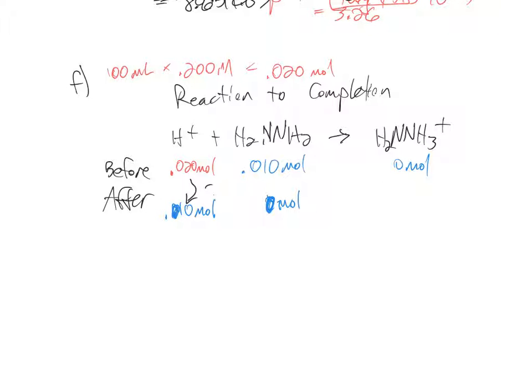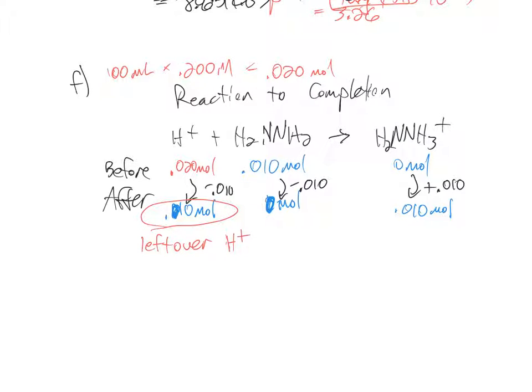And the strong acid is left with 0.01. The same reduction is seen by both reactants. Both go down by 0.01. And on the product side, it's an increase of 0.01. But here, at the end of the reaction to completion, we have leftover hydrogen ions, which is a strong species.